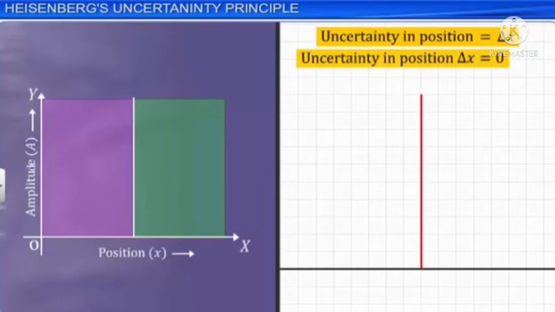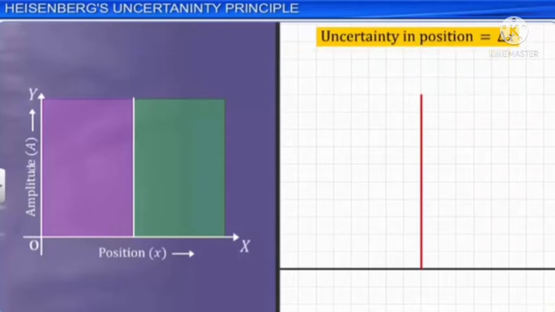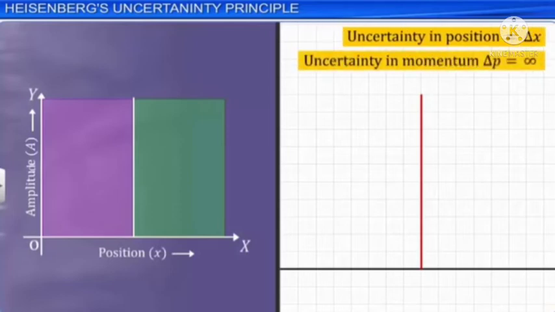But for this, we used an infinite number of wave functions representing the components of different momentums of the particle. In this process, we lost all information regarding the momentum of the particle. Thus, the uncertainty delta p in the determination of the exact momentum of the particle is now infinity.